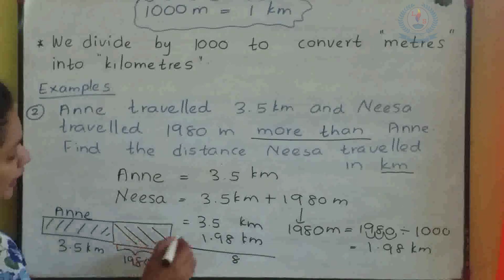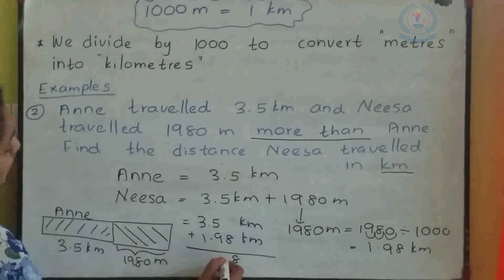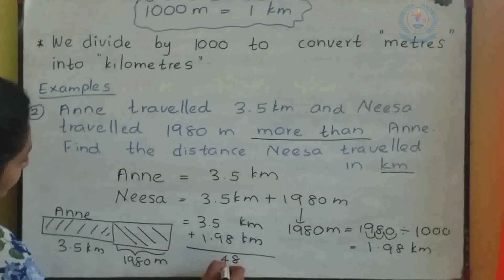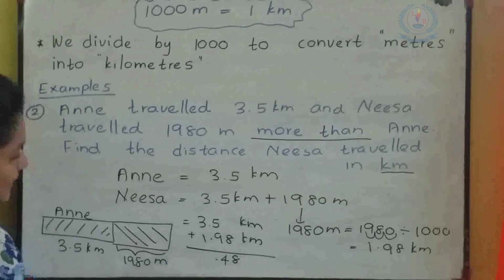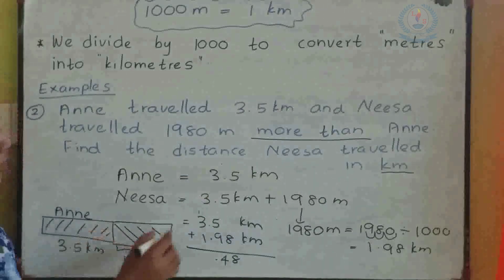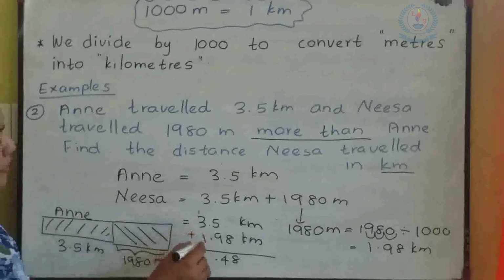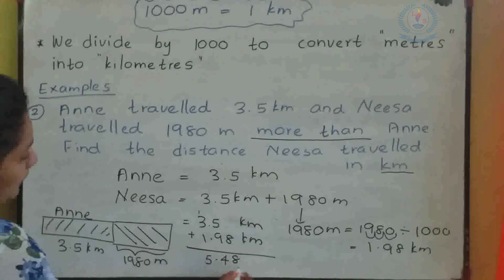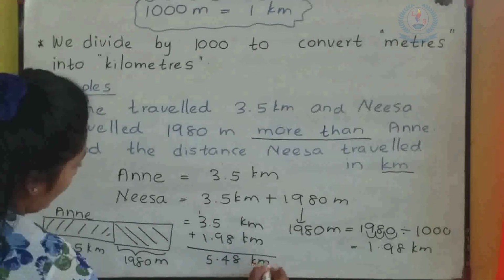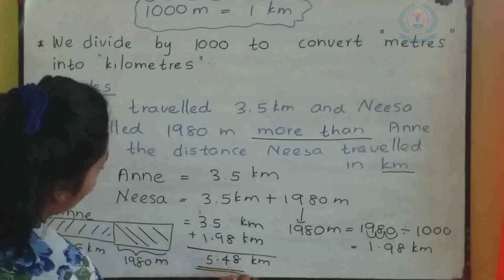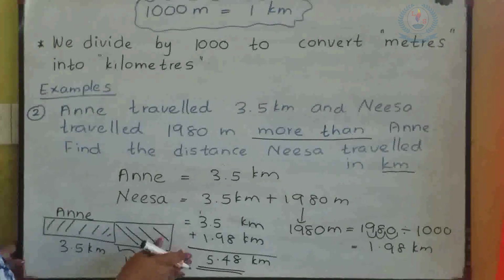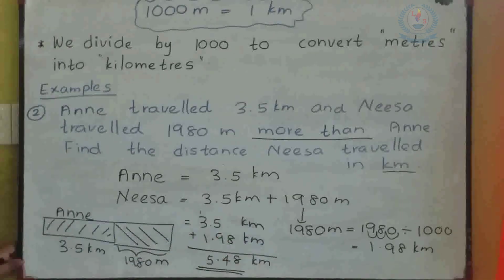Here 9 plus 5, 14. From 14 I am writing 4 here. Then I am keeping the decimal place here. That 1 comes here. 1 plus 3, 4. 4 plus 1, 5. Then Lisa's travelling distance is 5.48 kilometers.